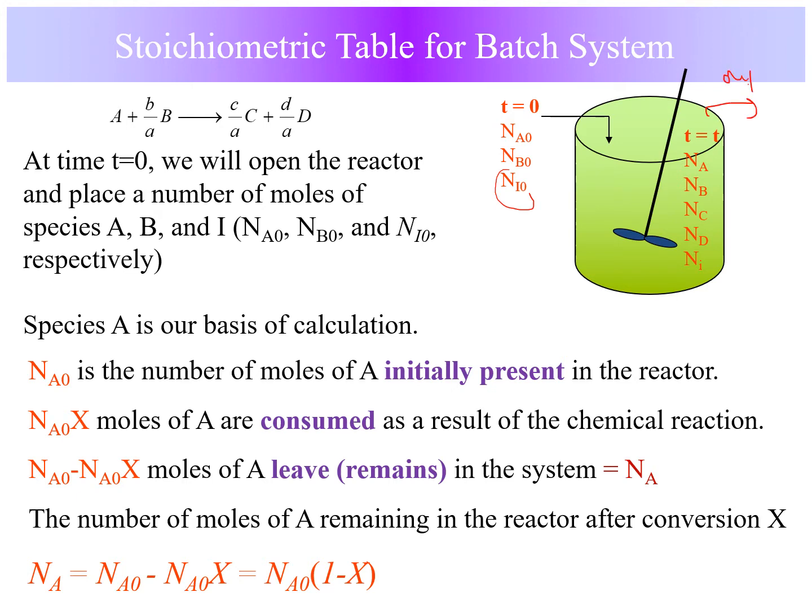This is the outlet and this is the inlet. So Na naught is the number of moles of A initially present in the reactor, at time 0, for the feeding into the reactor.